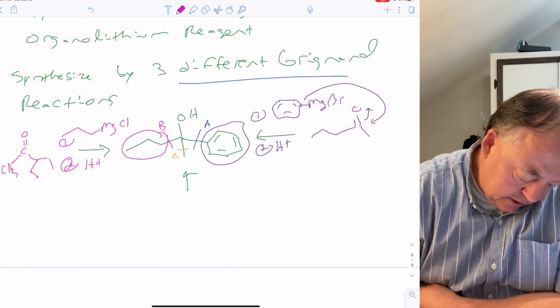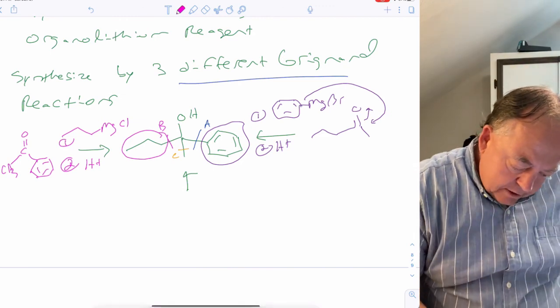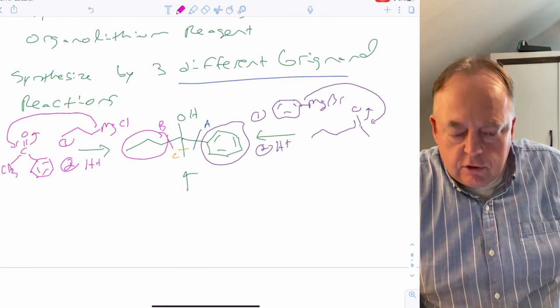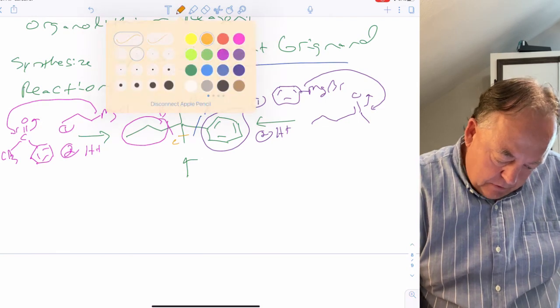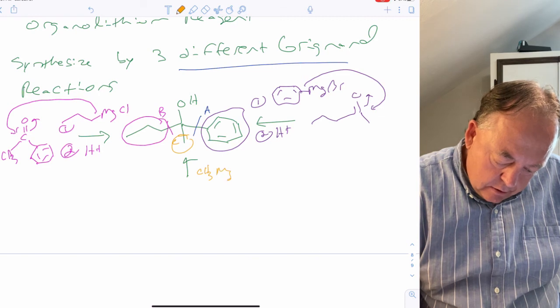And a benzene attached to it. All right, so in this case, then if this attacked there and that became an OH, you would make this tertiary alcohol.